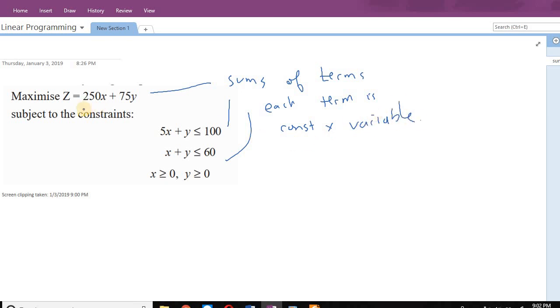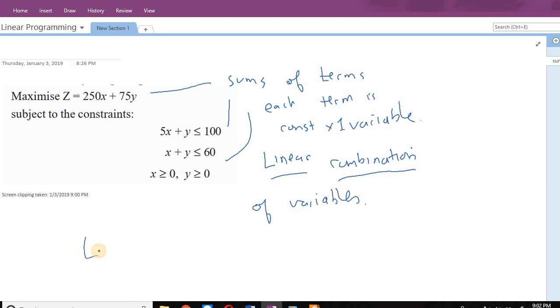Okay, not a variable squared, or one variable divided by another variable, but each term is one constant times one variable. Okay, so this is actually called a linear combination. It's a combination because you're taking the sum and you're multiplying also. So it's called a linear combination of variables.